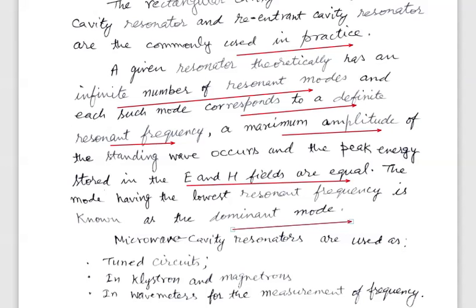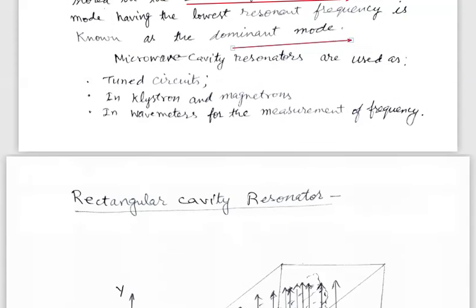These are a few applications of microwave cavity resonators. These are used as tuned circuits, like mechanical and electrical oscillators. These are also used in klystrons and magnetrons as interaction space, and in wave meters for the measurement of frequency.